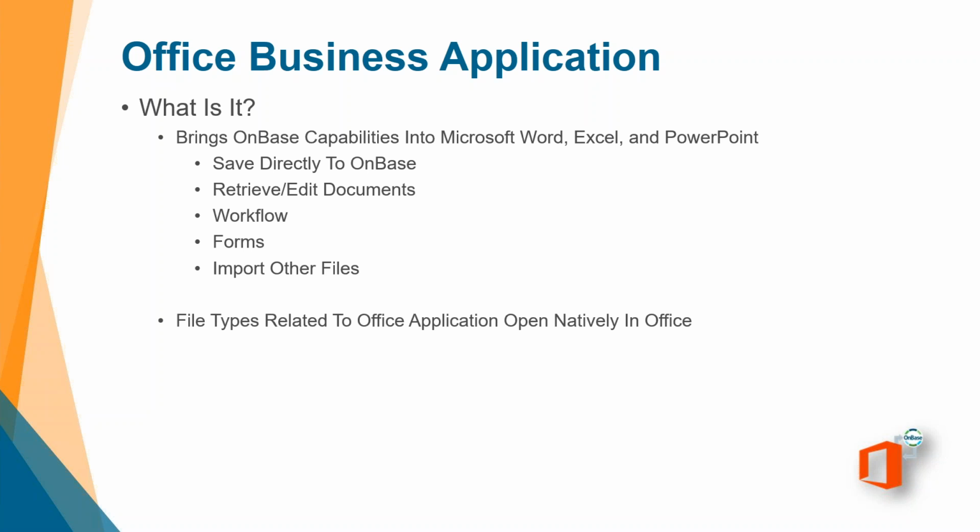So when I'm retrieving a document and I'm actually retrieving a file type that is of the type for the application that I have open, a .doc or .docx file extension, when I happen to have Microsoft Word open, it's going to use Word to actually natively display that document. Any other file type that I happen to retrieve is going to open OnBase within a whole separate window and give us just a display viewer of that information.